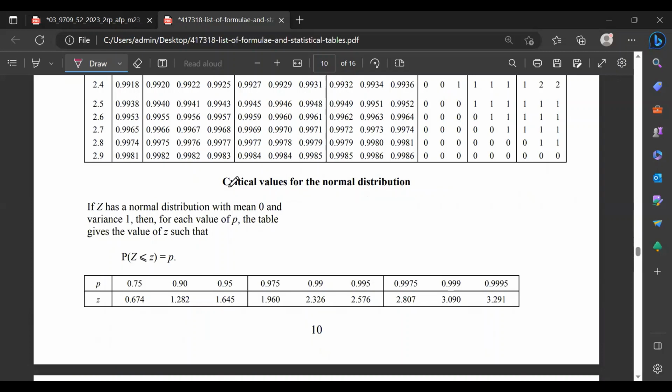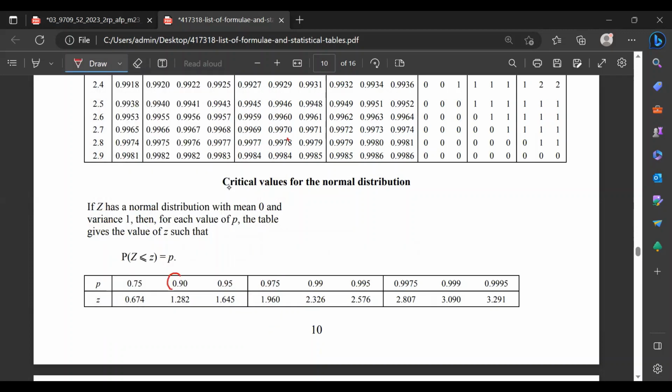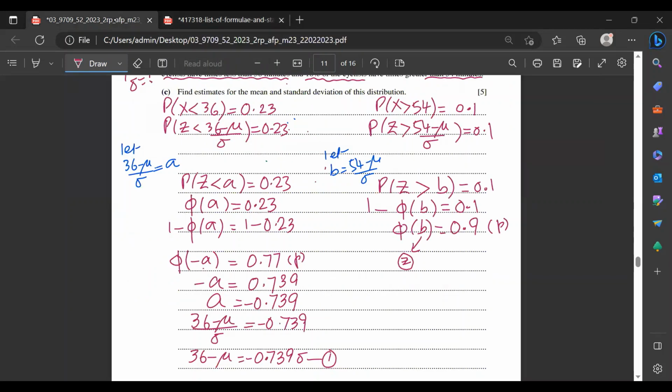Yes, p is 0.9, you can find it here. You can read it through the big table above, but if we have these 9 specific values, you can always write the answer directly. If p is 0.9, z is 1.282.